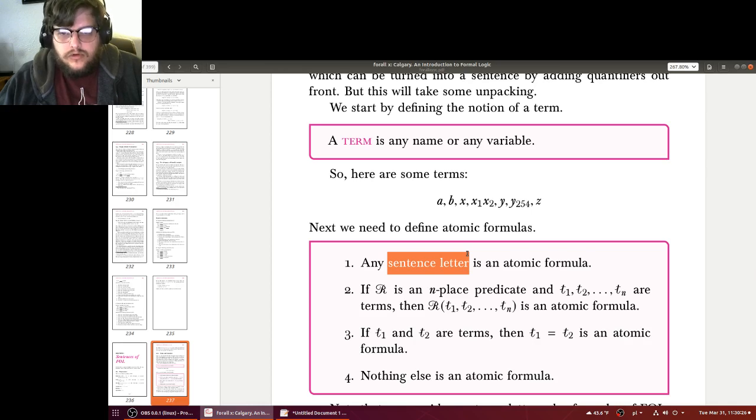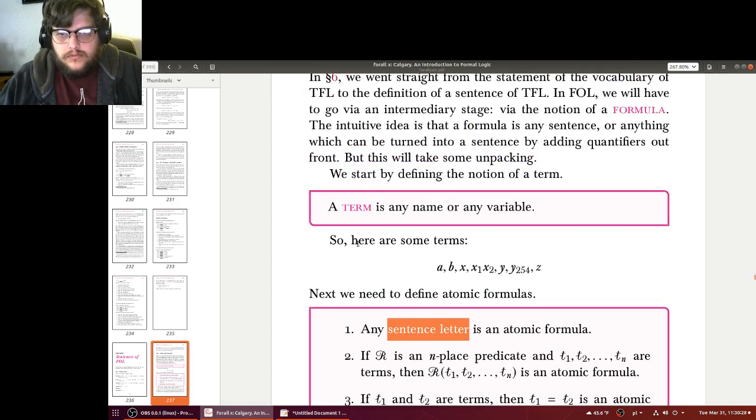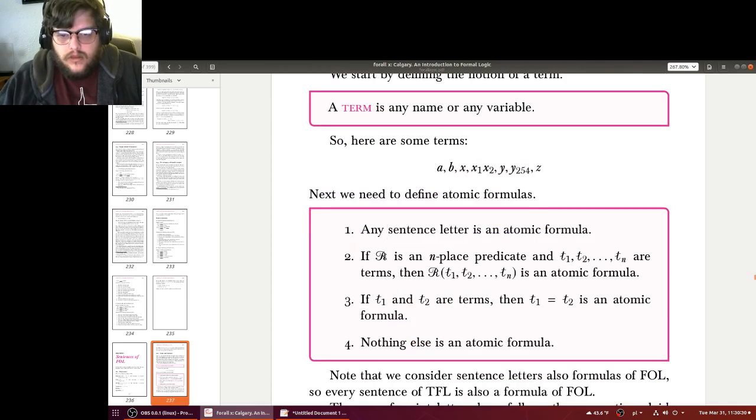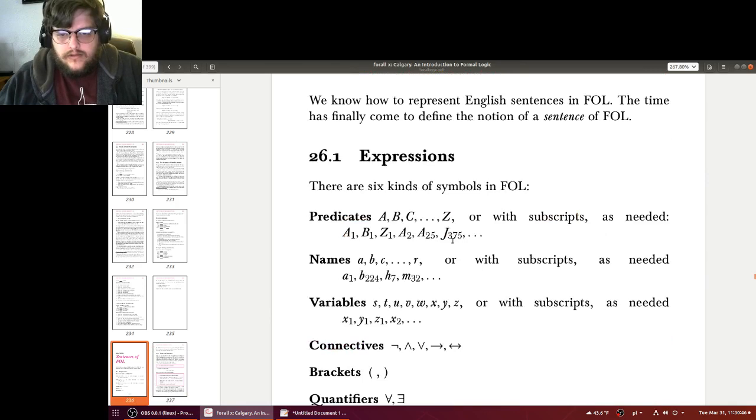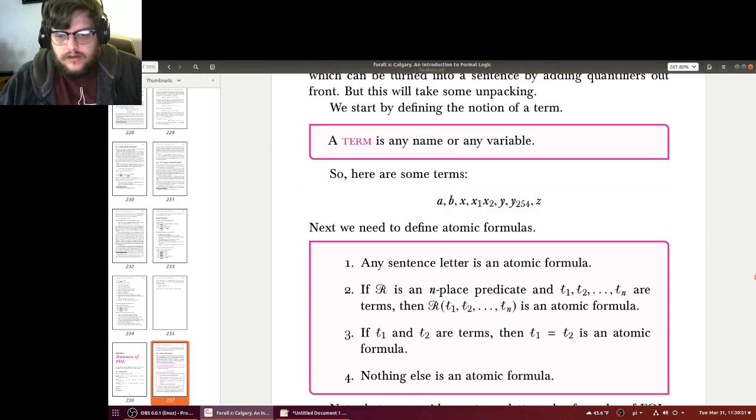It is not the word we have here. If we have an n-place predicate, that means you have n places where you can put in a name, and if these are terms, then this thing is an atomic formula. What this is saying is, if we take a predicate and fill in all the gaps that appear there, then that's also considered an atomic formula.